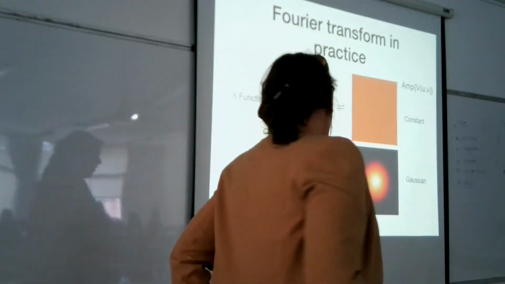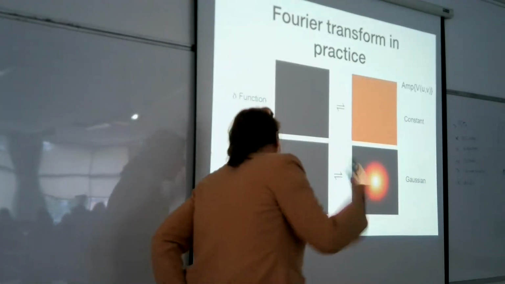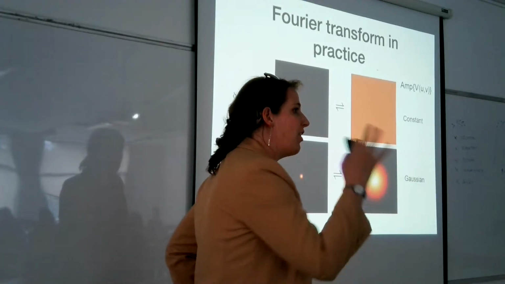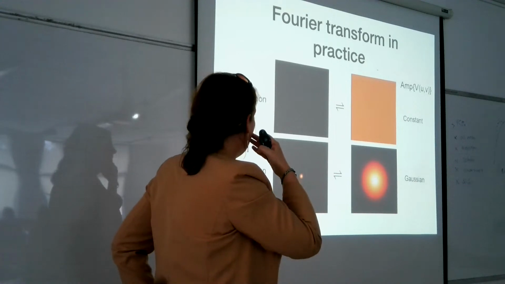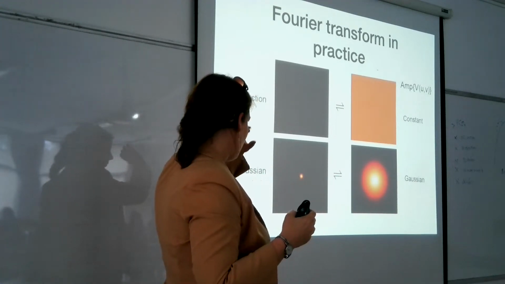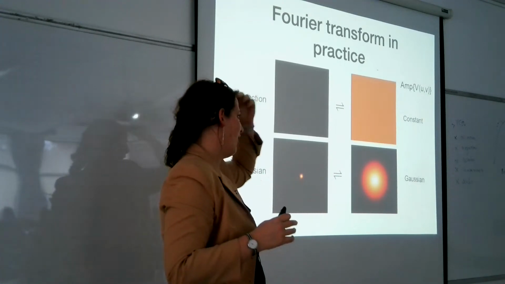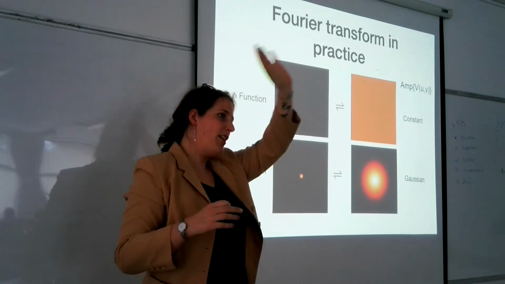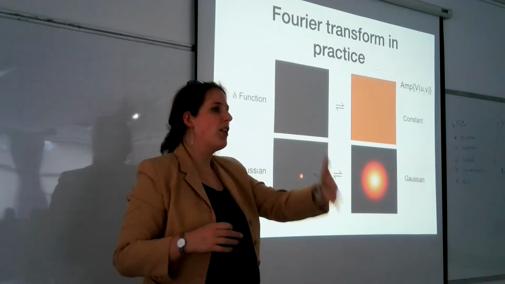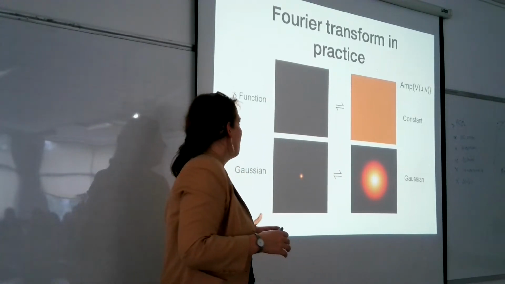Okay, so let's now go to something a little bit more practical. Rather than looking at the equation, let's take a look at how we use this in practice. A lot of this is about what happens if we Fourier transform our image, whatever we see in the sky: how does it look in the visibility?